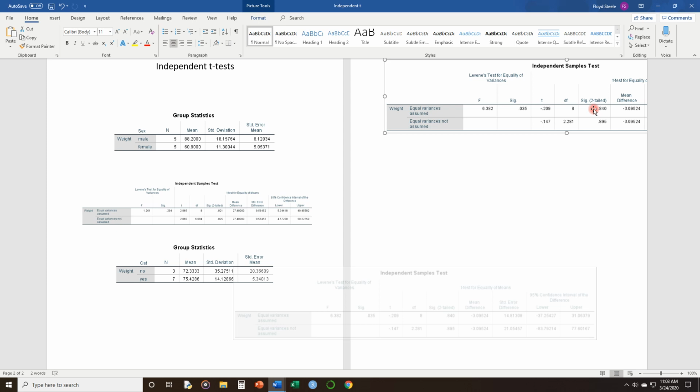So in this case, we have finally gotten to a scenario where we have failed to reject the null hypothesis. So it's still safe to assume that your cat ownership status has nothing to do with whether you're going to weigh more or less than someone else.